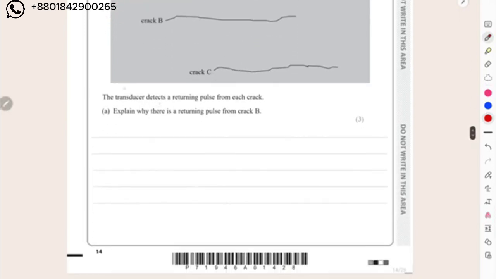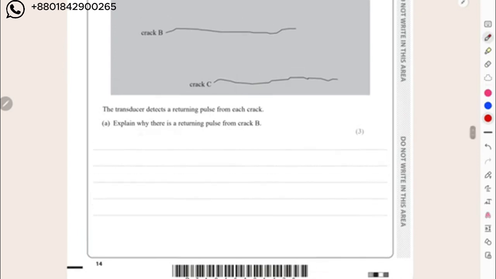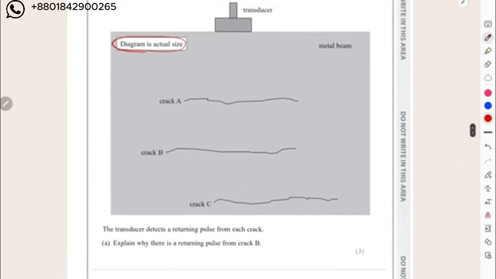The transducer detects a returning pulse from each crack. Explain why there is a returning pulse from each crack. Okay, obviously the transducer releases pulses, right? But if at every crack they are going to reflect, then whatever sound passes on will be reflected from crack A and received by the transducer.